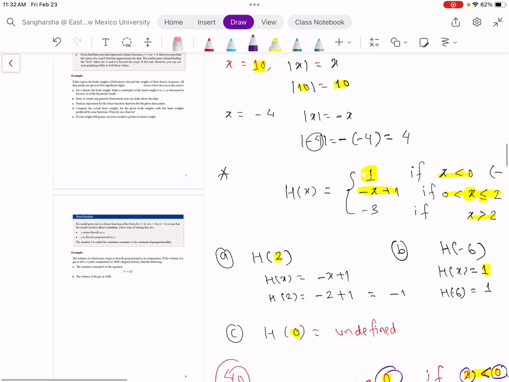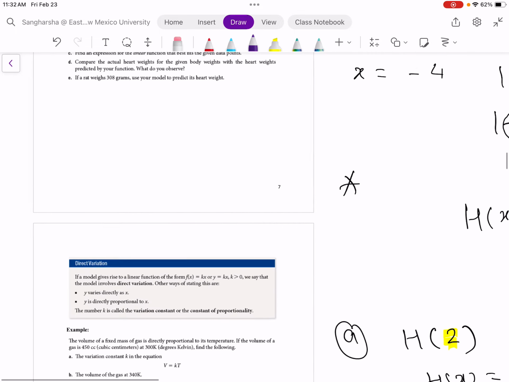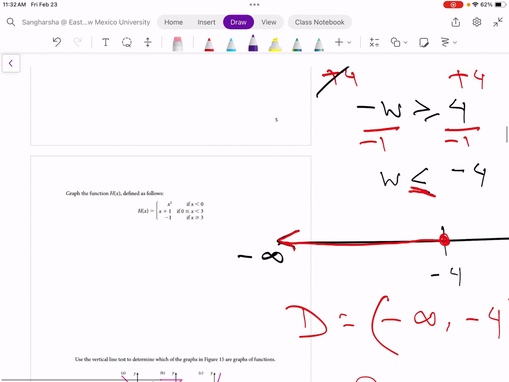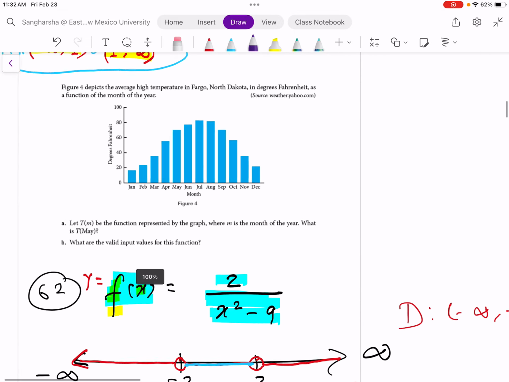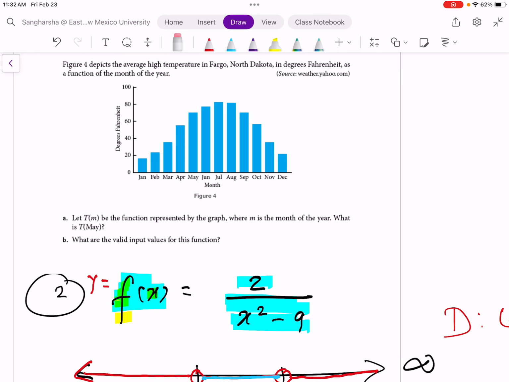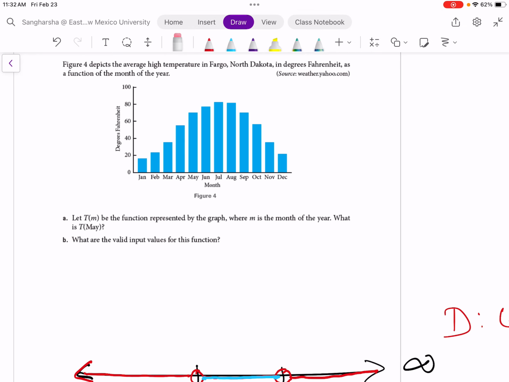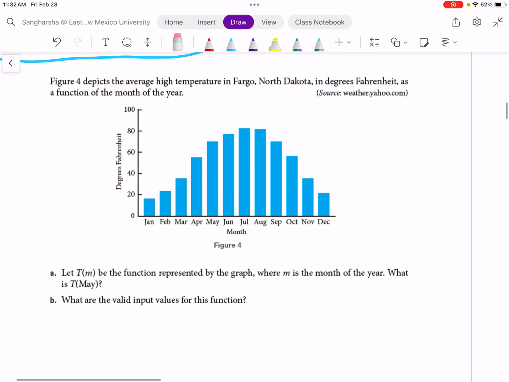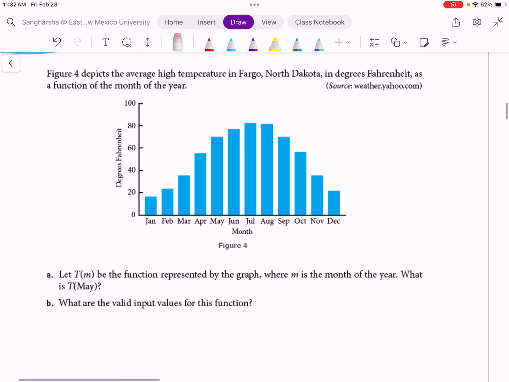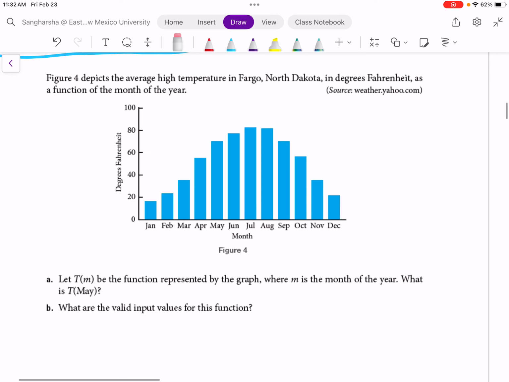Now let's go to what we have in the last example here. Let me erase all of these. Now we have this picture, a bar diagram. It gives us the average high temperature in Fargo, North Dakota in degrees Fahrenheit as a function of the month of the year.